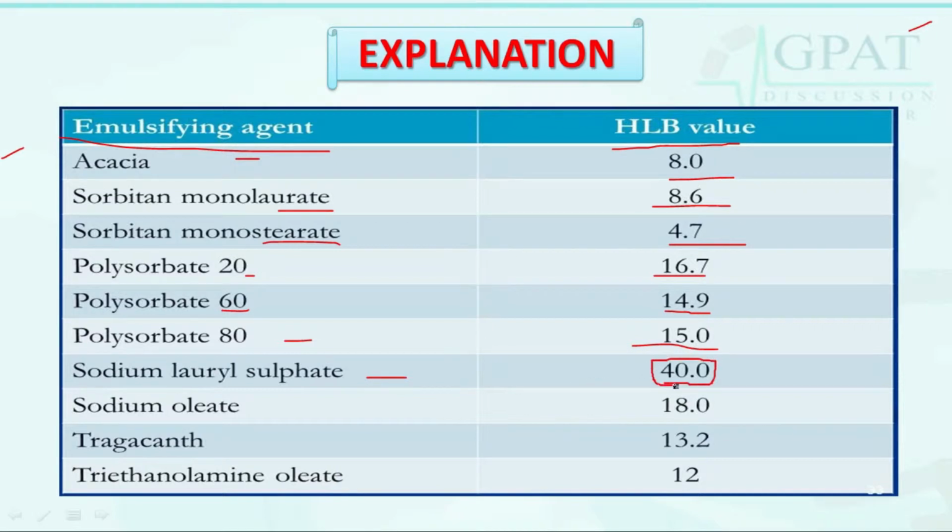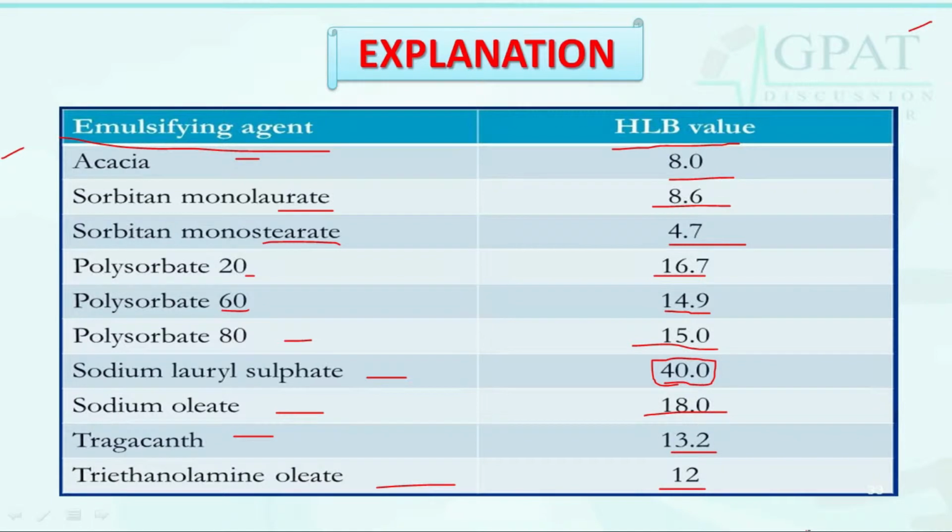So the correct answer is 40. And sodium oleate having 18 HLB value, and tragacanth is having 13.2, where triethanolamine oleate is having 12 HLB value. So this is all about the HLB values of different emulsifying agents.